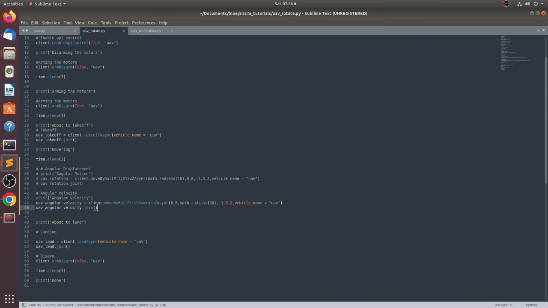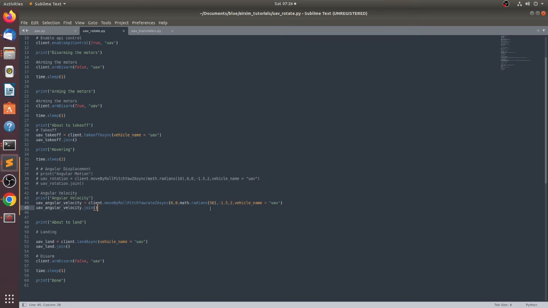This is the function which we use for that. And I'm not going to give any angular velocities for roll and pitch at this point, because if we do, it might cause our drone to go into an unstable state. So we are going to use this function mainly to achieve the yaw motion only.